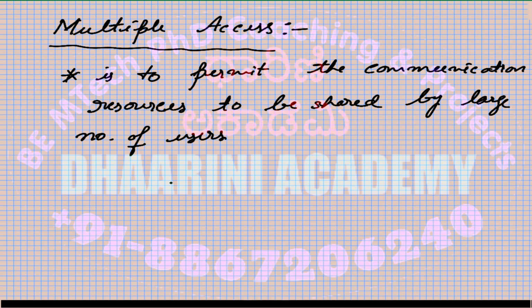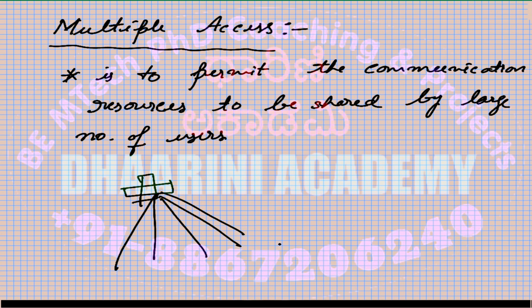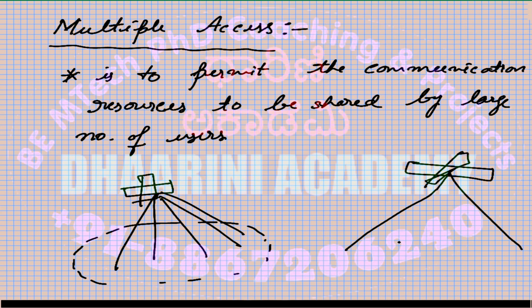Instead of a single satellite sending to many points over a geographical area, which is one application, the other application I told was, let's say there is another satellite over here, and users are sending signals from one location to another location like this.